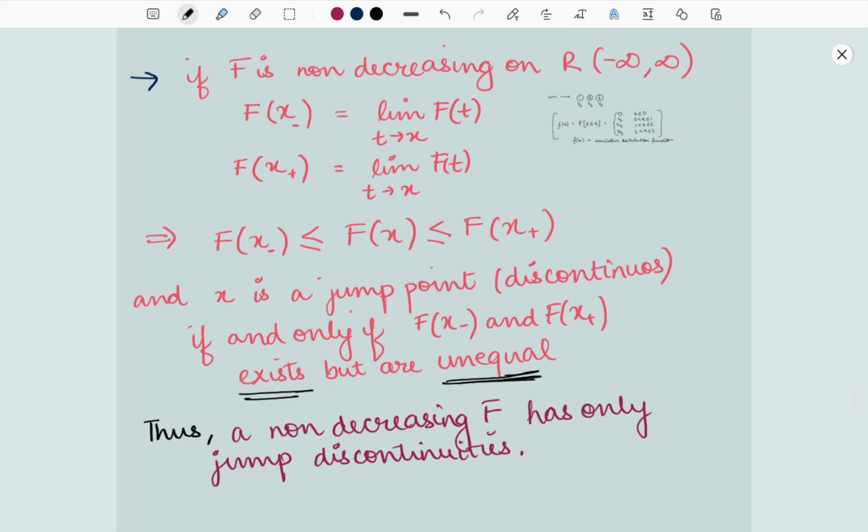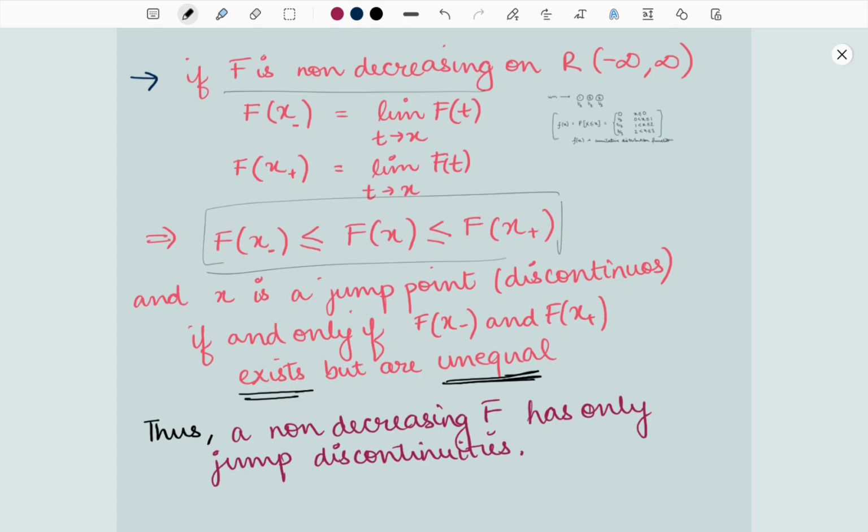We have already done limits in maths. From that you may already know that if f of x is non-decreasing, the left limit of f of x will be less than or equal to f of x, which is less than or equal to the right limit of f of x.